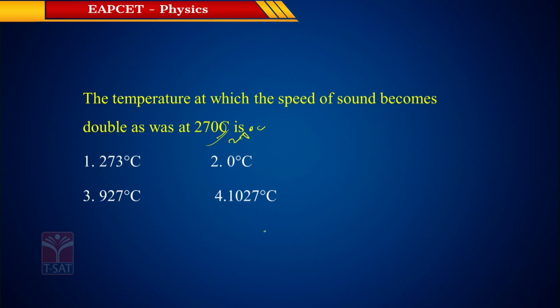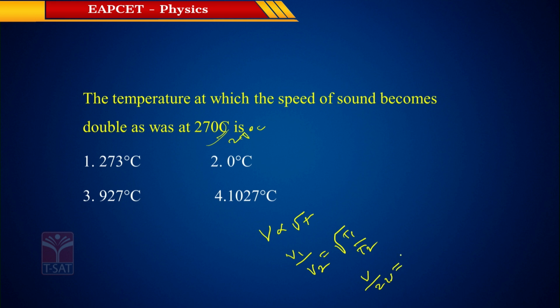Here you know the formula: V is proportional to root T. That means V1 by V2 is equal to root T1 by T2. Here take V1 as V, and V2 is double, that is 2V.